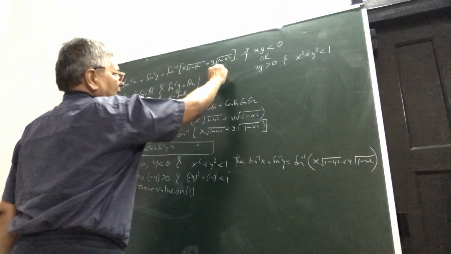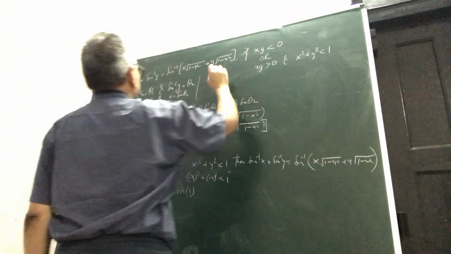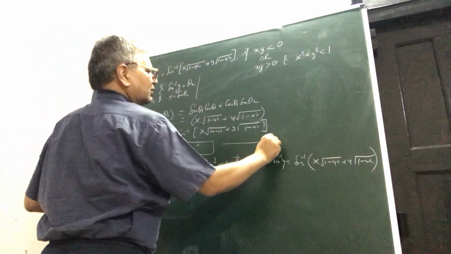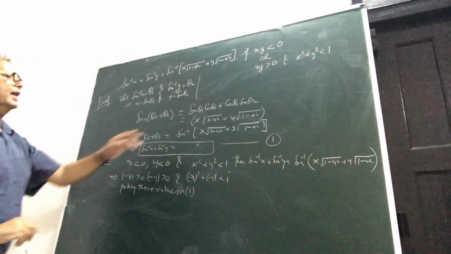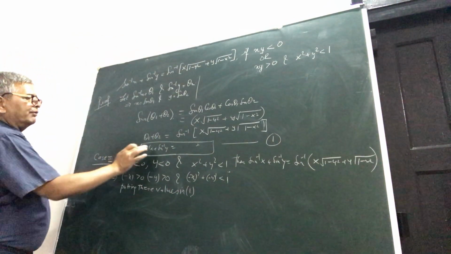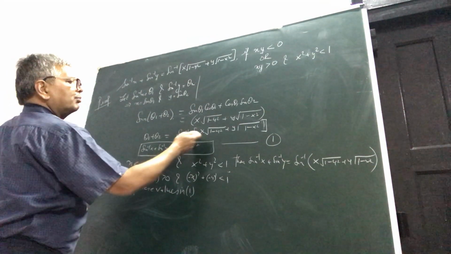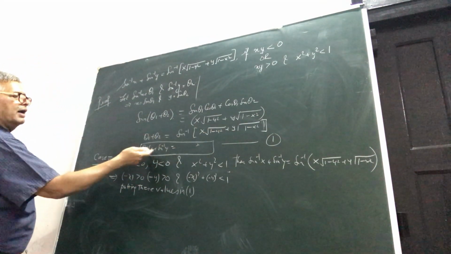Let this equation be now 1, because you have already shown it. Sine inverse x plus, this is your result 1. So what you are getting? Here at place of x you are putting minus x, at place of y you are putting minus y. So minus will come common everywhere.